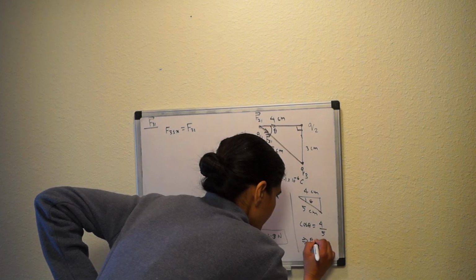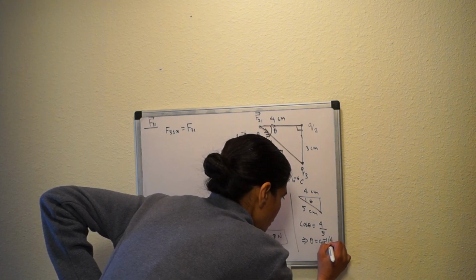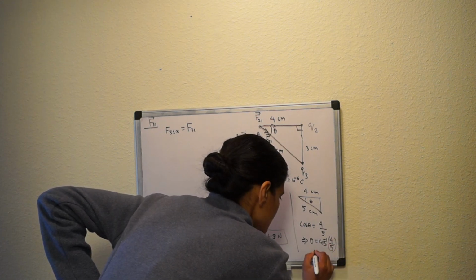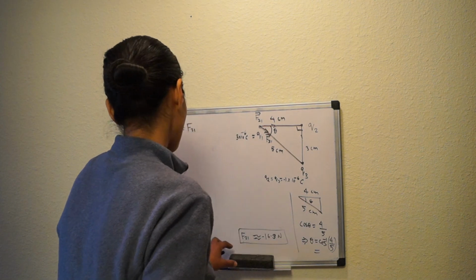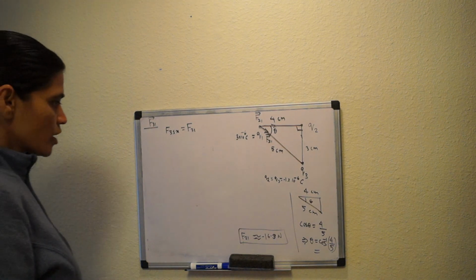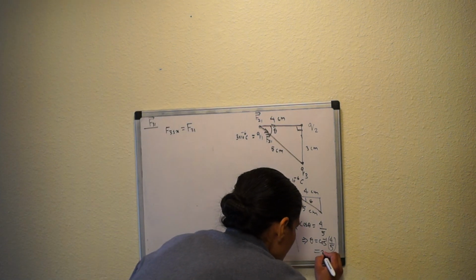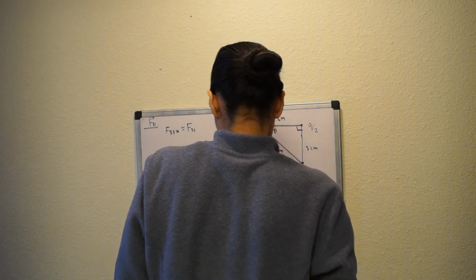And then from here we can find theta equal to cos inverse of 4/5, okay? If you do that, what value do you get? Please plug this in on your calculator. 36.8 degrees. This is what I found.